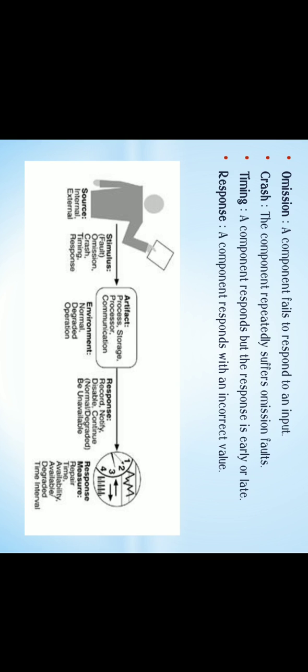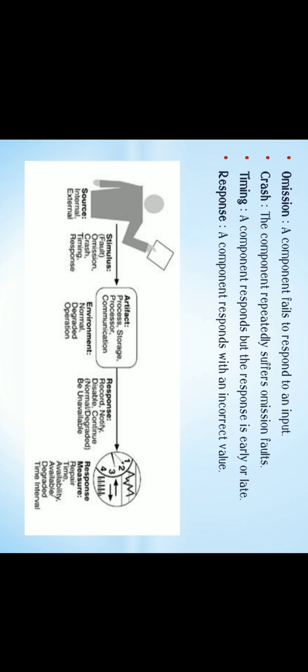There are more factors that make the system available. The diagram shown below explains the availability scenario. The source may be internal or external, and may be a person, a computer, or any other actuator.